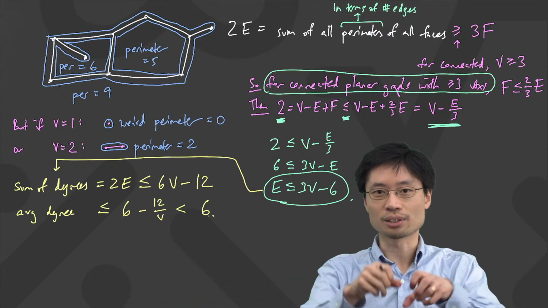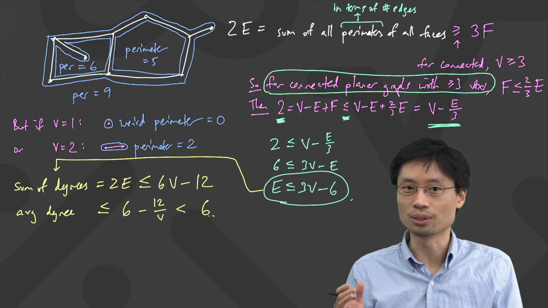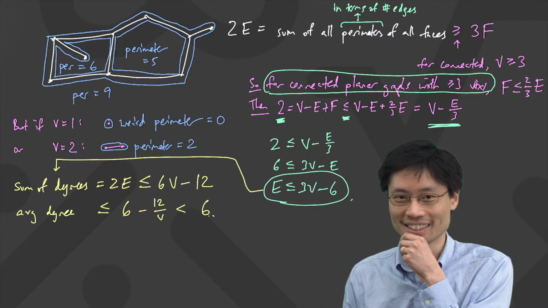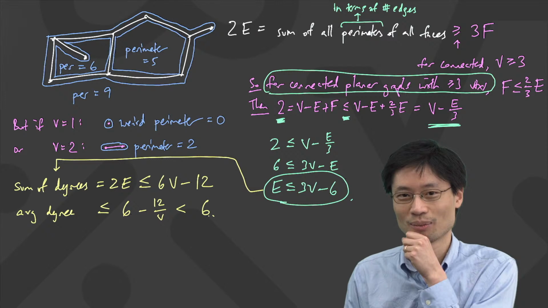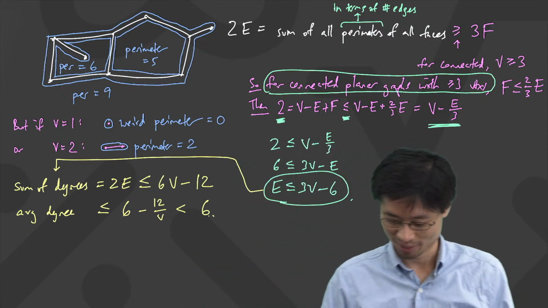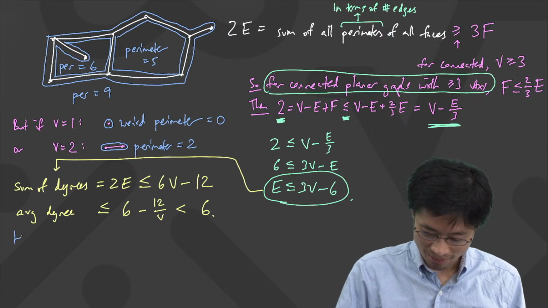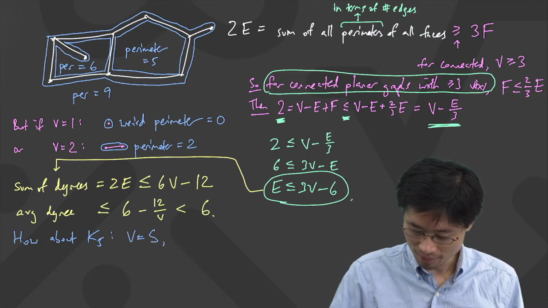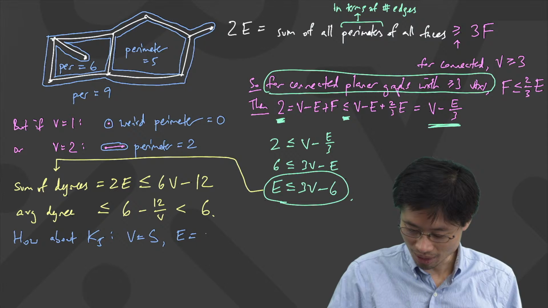The goal of what I wanted to close up today was to use this information to show that K5 is not planar. Any ideas? We'll actually show 2 graphs are not planar. One of them is K5. We're just going to plug it in. How about K5? V is 5.